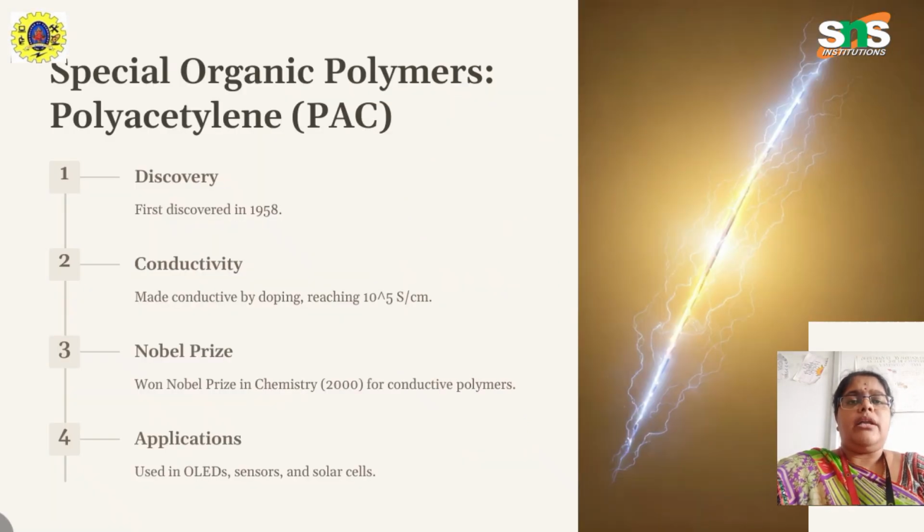Now we are going to see special organic polymers, starting with polyacetylene. It was first discovered in 1958. It is made conductive by doping, and the discoverer won the Nobel Prize in Chemistry in 2000 for conductive polymers.